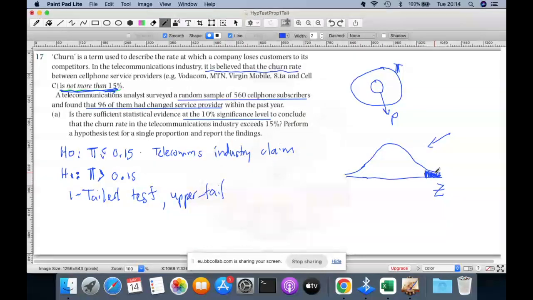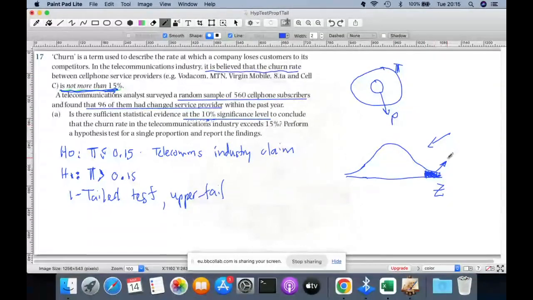Now, what is the size of this area? That's given by your level of significance, 10% here, which I've underlined. Because there's only one rejection region, the entire level of significance goes here. Your symbol for level of significance is alpha.